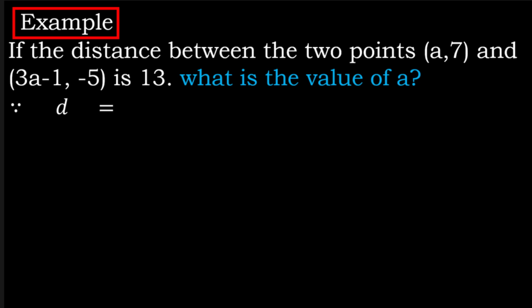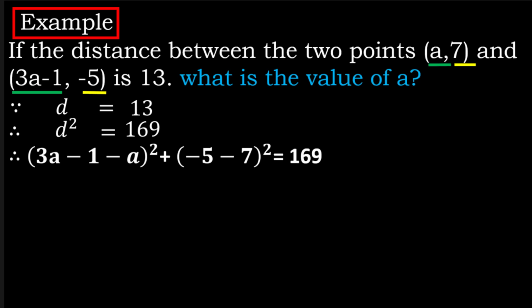We studied before that d equals what here? Equals 13. So we write 13 and square both sides, so it will be 169. 13 times 13, we get what? 3a minus 1 minus a, the difference between x coordinates, and the difference between y squared, it will be negative 5 minus 7, it will be negative 12.